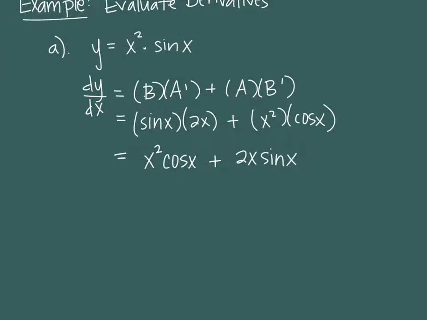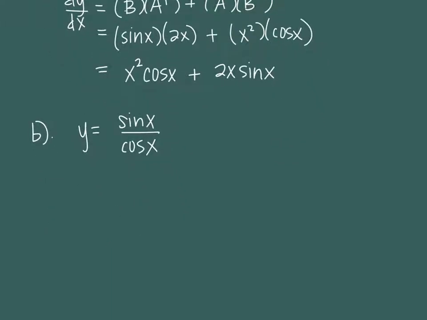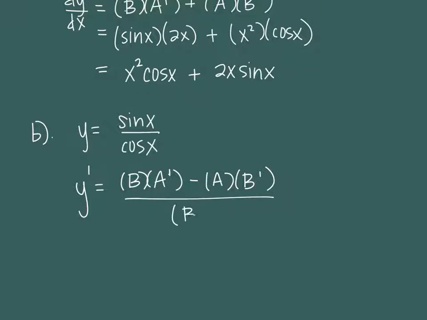Okay, part B, or example B. Y equals sine of x over cosine of x. Well, let's find y prime for that. So what rule will I need for this one? I will need the quotient rule. And so the quotient rule says start with b and then do a prime, and then minus a and then do b prime, and put the whole thing over b squared.